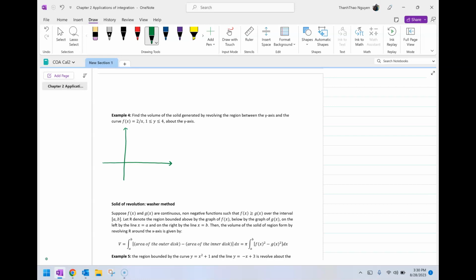So 2 over x is this curve, it looks like that. It's bounded by y equal 1 and y equal 4. So this is the region that is being revolved. And we will revolve it about the y-axis to get this solid.